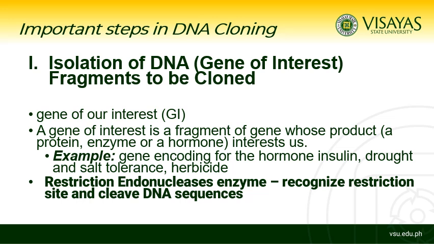For example, a gene that encodes for the hormone insulin, or genes that encode for valued traits like herbicide tolerance, pest resistance, drought tolerance, salt tolerance, or maybe an increased yield. So the target DNA may be genomic DNA or complementary DNA or other types of DNA. Now, the DNA is extracted from the organism under study, and it is cut into small fragments that are suitable for cloning.